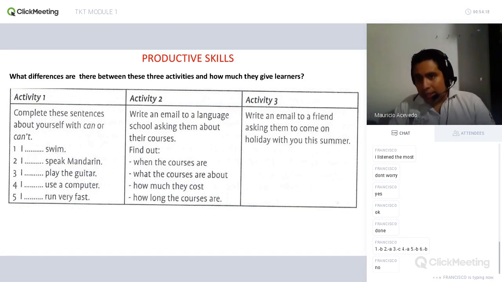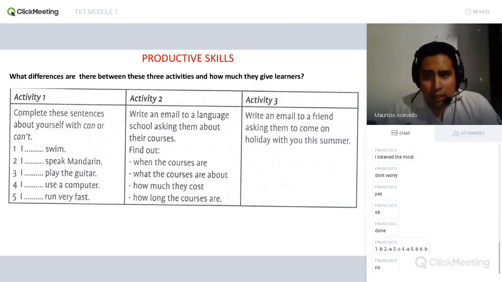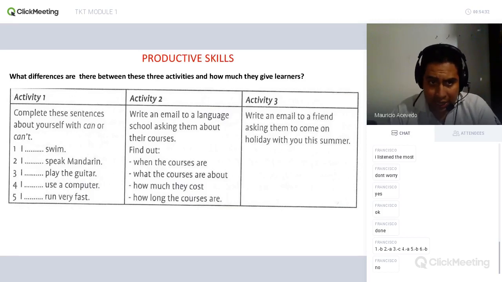Yes, Francisco. So, for example, the first one says complete the sentences about yourself with can or can't. Here we have the sentences, and then you just add. Two: write an email to a language school asking them about their courses.